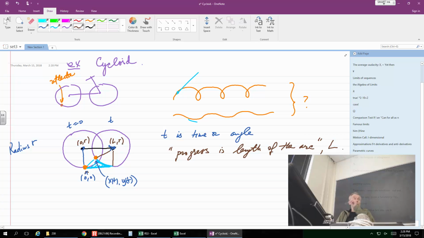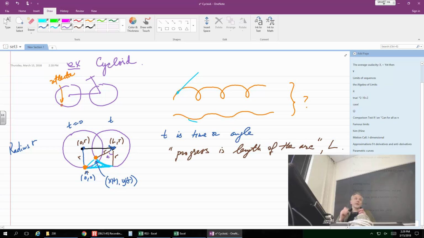The center of the wheel has progressed from (0, r) to (L, r). Vertically, there's no change, and we just moved horizontally from 0 to L. So that's the location of my new center. This is r, and this is r, and certainly this is r too. But we're now concentrating on this second circle because now we can determine what that is. Remember, t is also the angle, so this is my t.